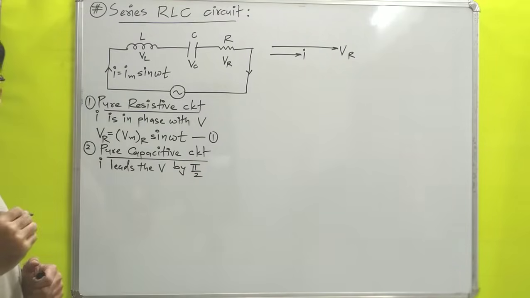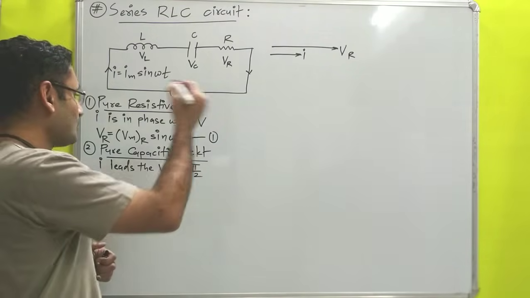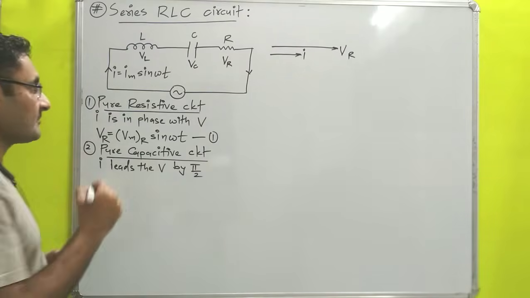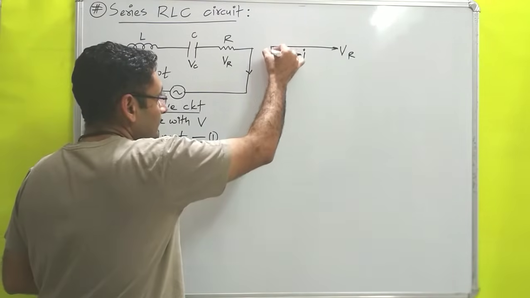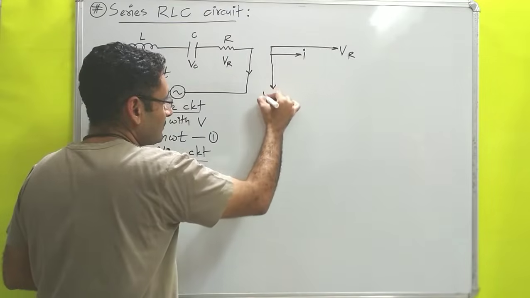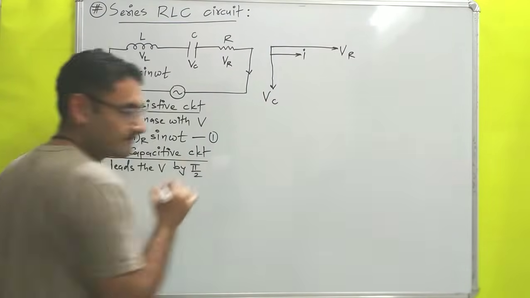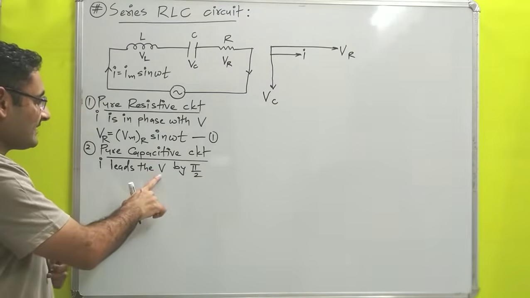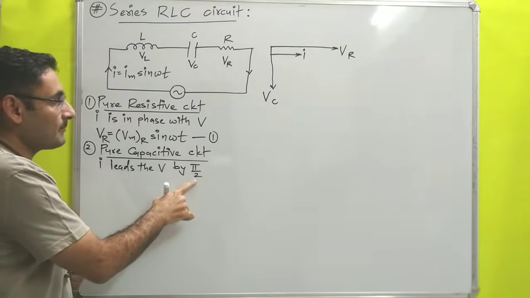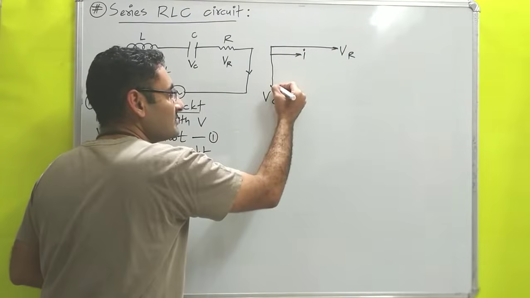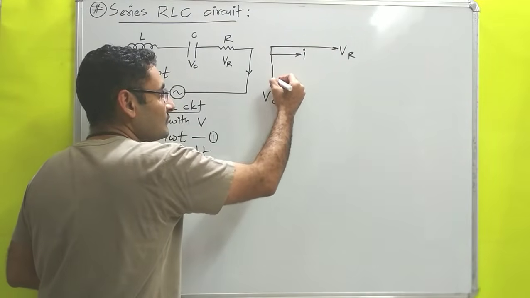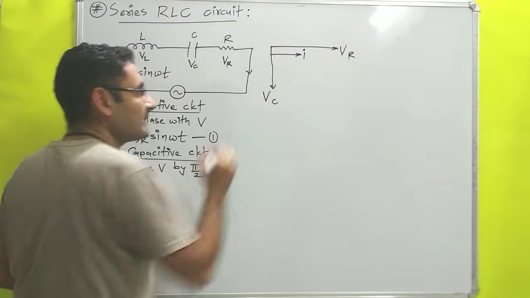The same thing if you want to represent on the phasor diagram, you can draw like this, downwards. That is VC. That represents that the current leads the potential by pi by 2, which means the voltage lags behind the current.